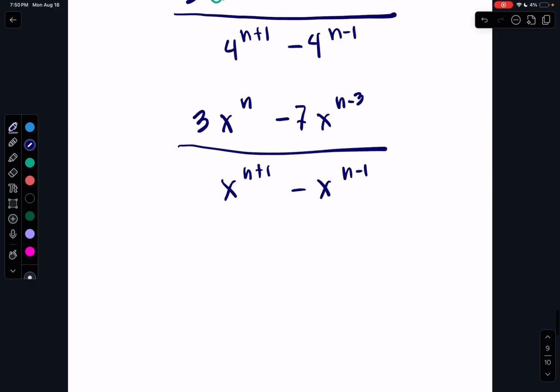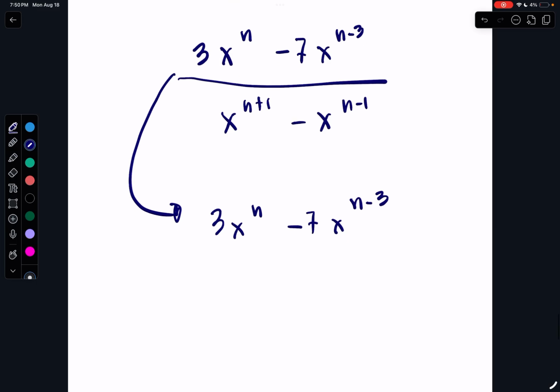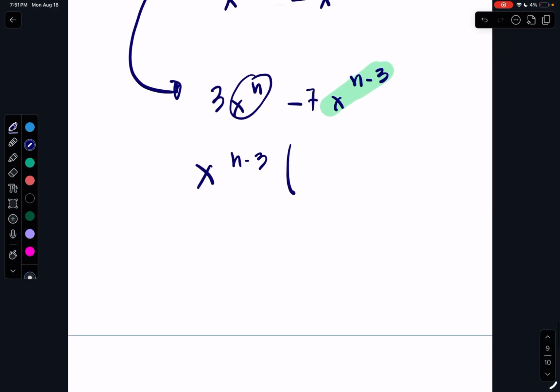Now I'm going to focus on the numerator in here. So you have 3x^n minus 7x^(n-3), right? Basically I'm going to factor out this number, x^(n-3). Remember the law of exponents: if you factor out x, you have to subtract the exponent.